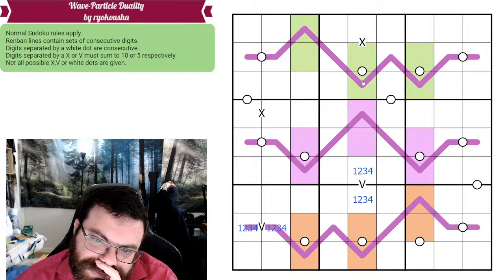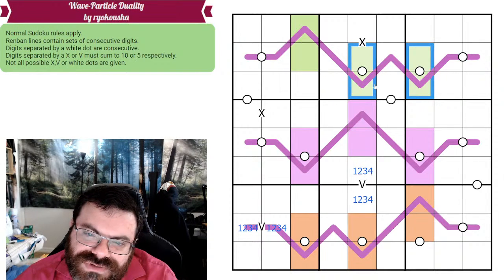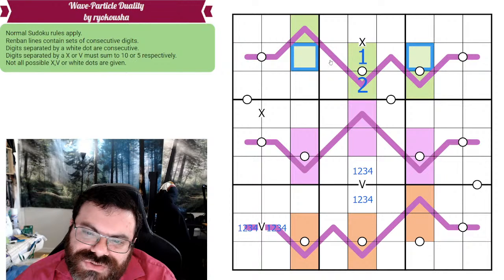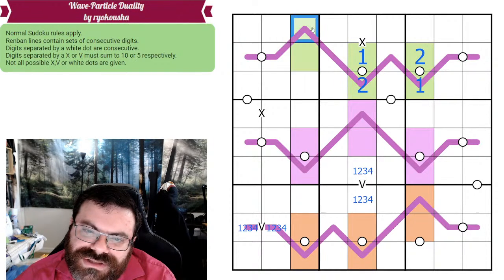Right. So we know there's consecutive numbers. Let's say this were a 1. That would force a 2 here. And then now one of these two is a 2, but if this were a 2, then this couldn't be a 1, because otherwise we'd have one more digit left here that would have to go here.